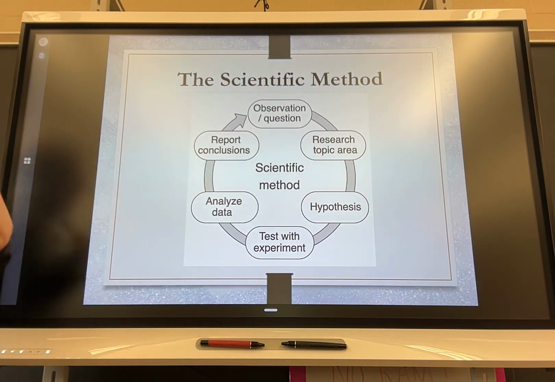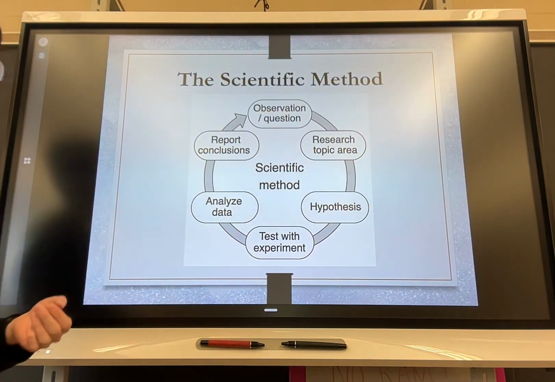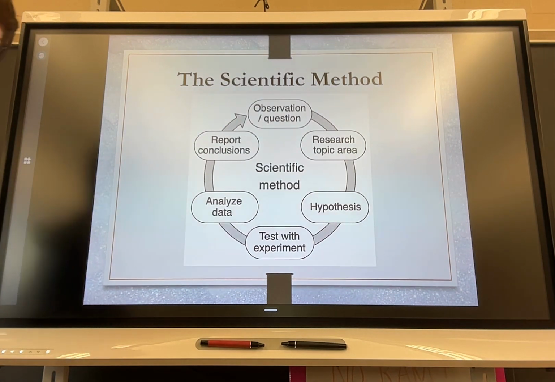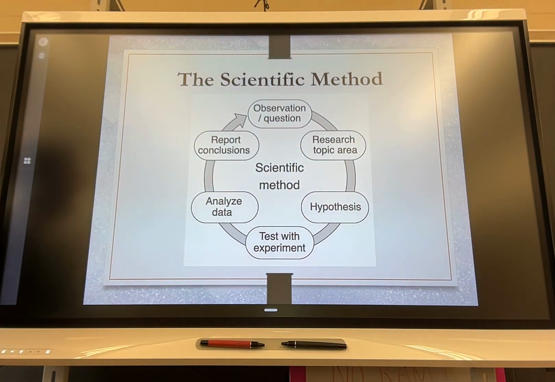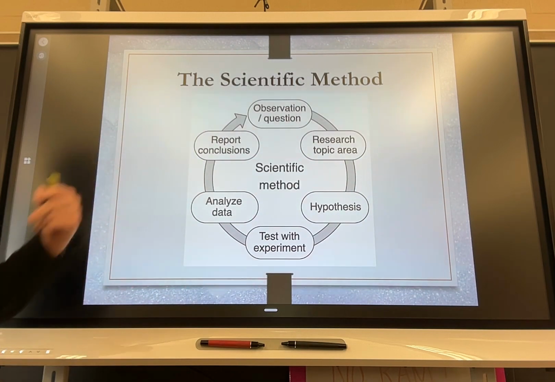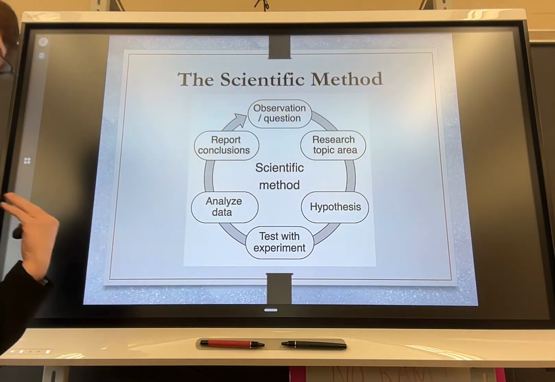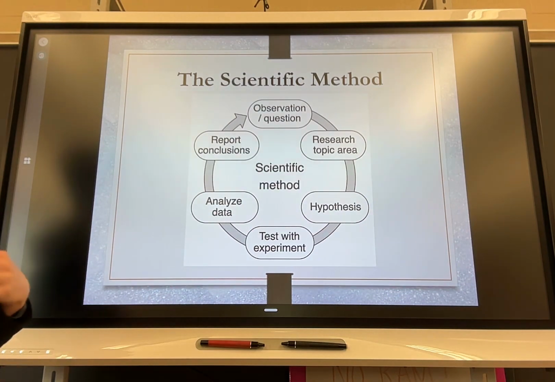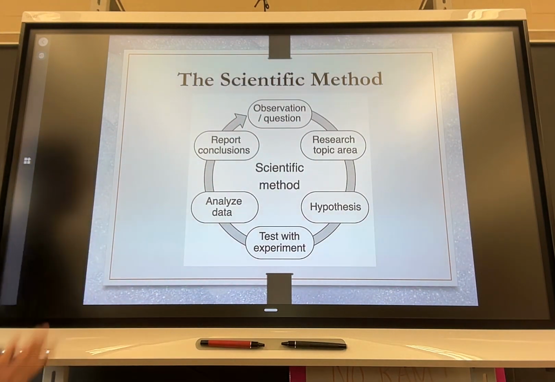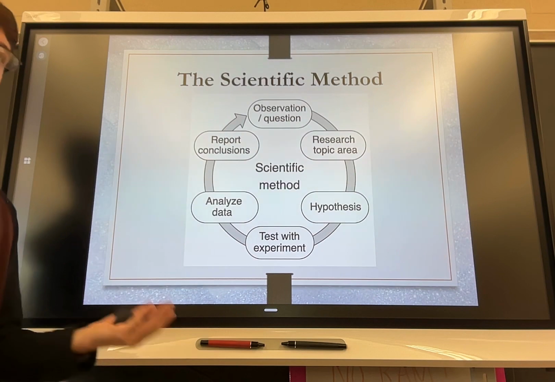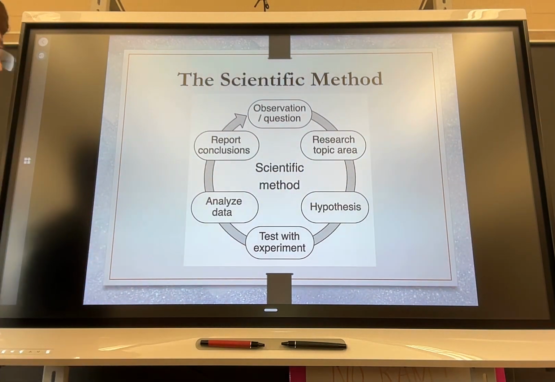Once you get the results, analyze them, and then report out. The best thing about science is that everyone is constantly reporting what they find, regardless of whether or not it actually gives results. So reporting your conclusions can help out others who maybe have the same question, or can inspire others to move into your field and continue on with your experiments.